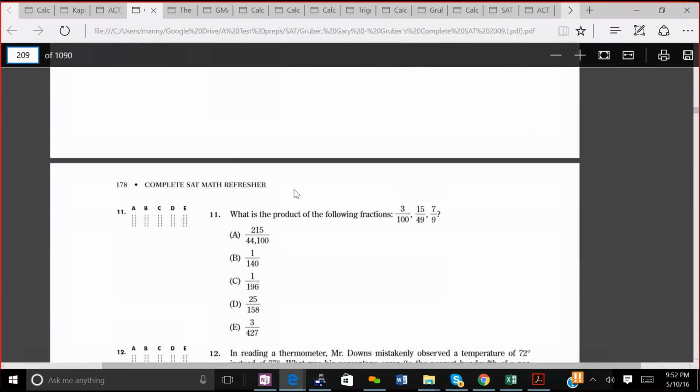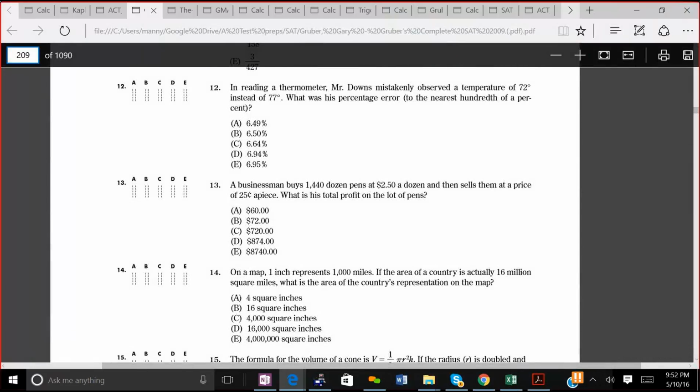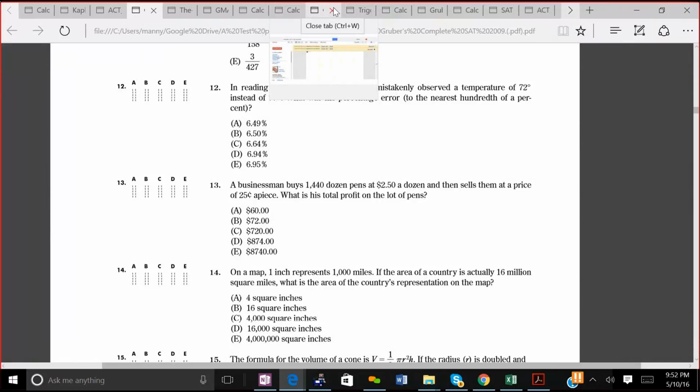Okay, the next important app I want to make sure you know is, okay, let's try number 12. Number 12.